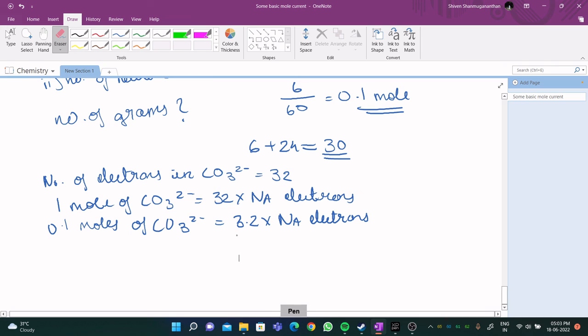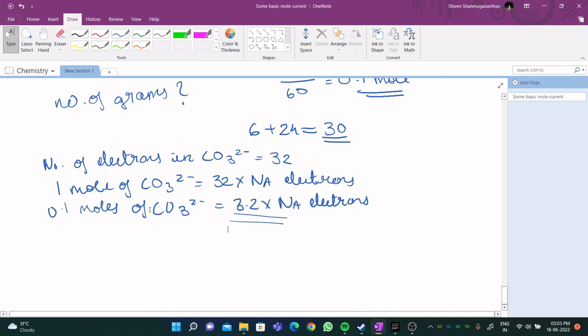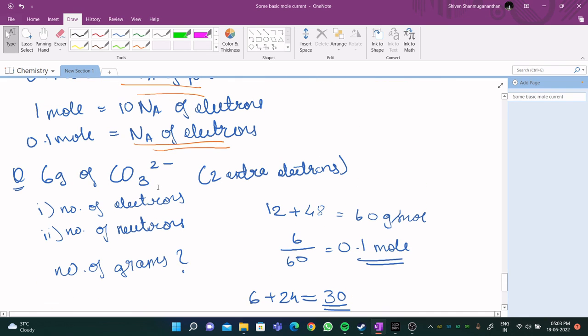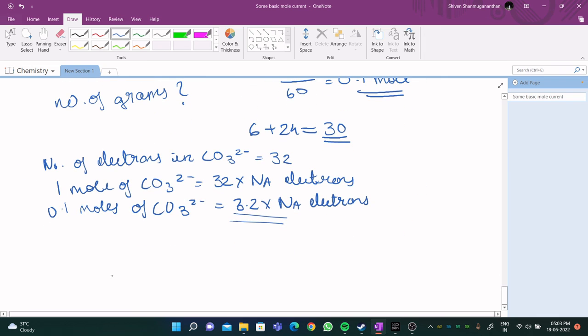Maybe closer, because we need that space. We'll find the number of neutrons. Now, atomic mass is equal to atomic number, or protons, plus neutrons.